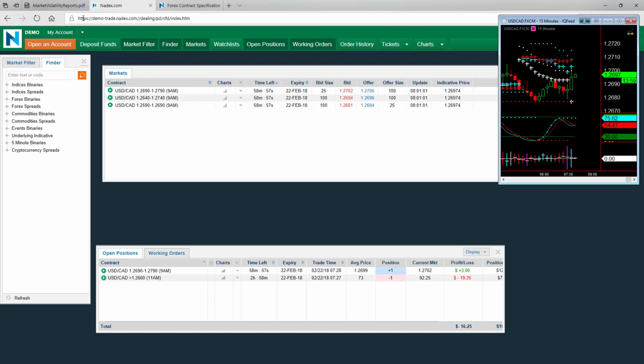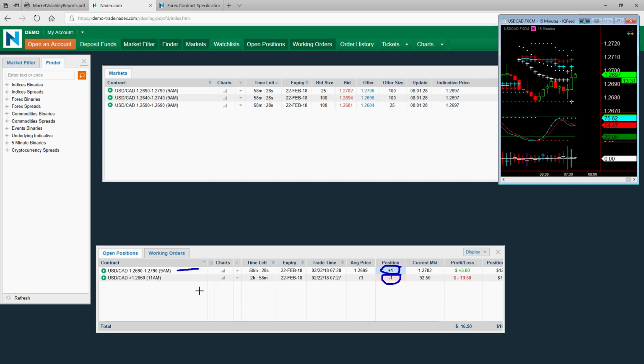Now, in this case, you see I've already done two, okay? One is a long position and one is a short position. Now, the reason that I did that, and this is my long and this is my short, okay? The long I actually did using a spread because I did not like the risk on the binaries.